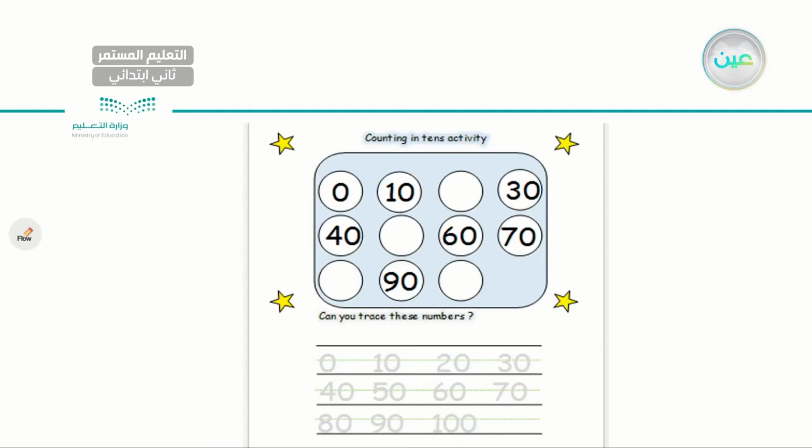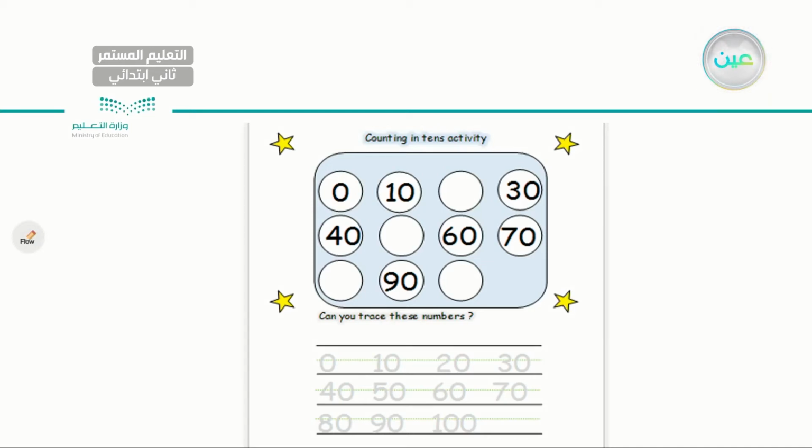Now, for this one, it's a counting by tens activity. As you can see, in the upper part, I have some circles that miss some of the numbers. So what I need you to do is go ahead, help me in your notebook to complete, starting from 0 and then adding more numbers.